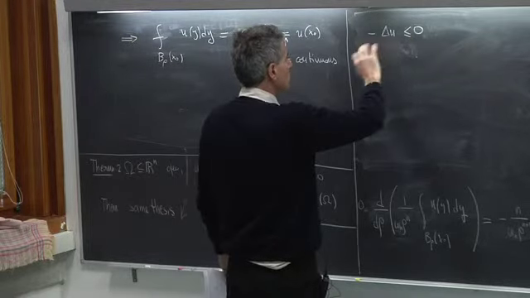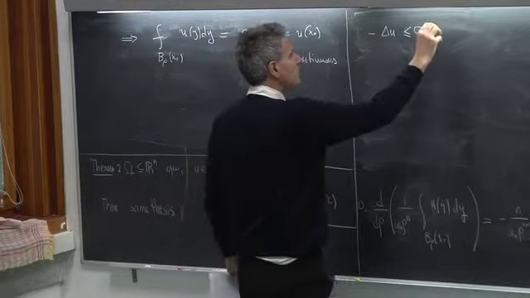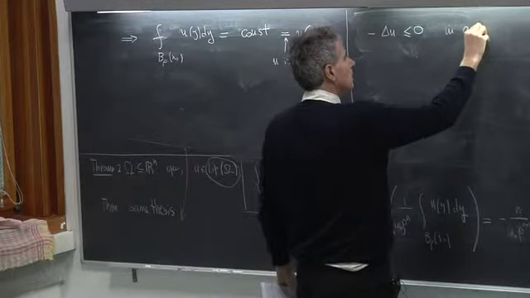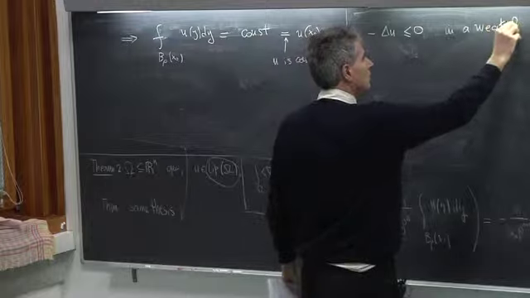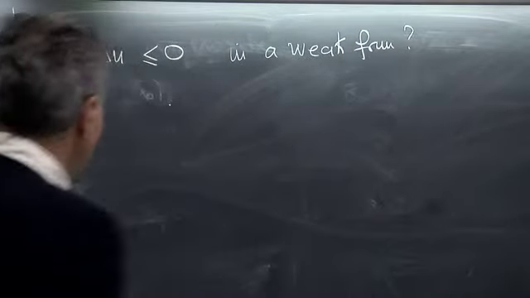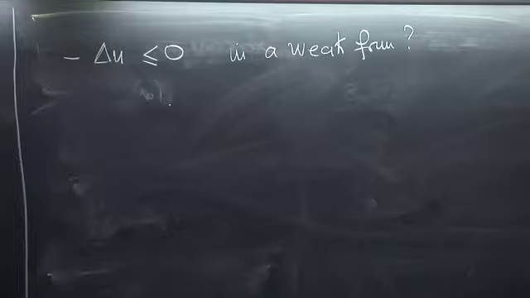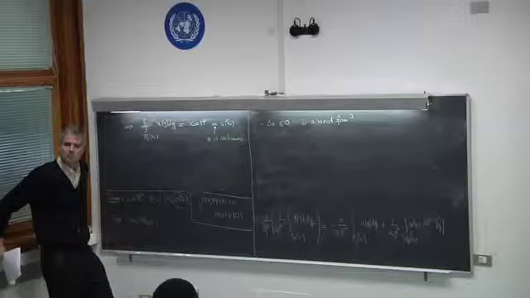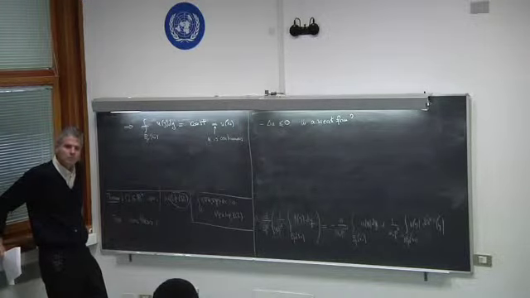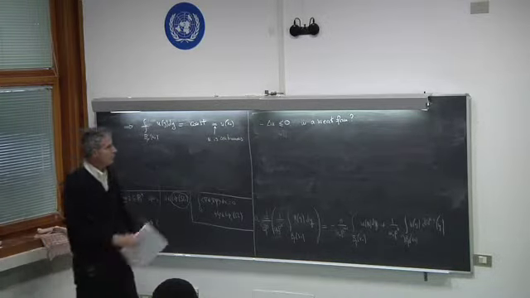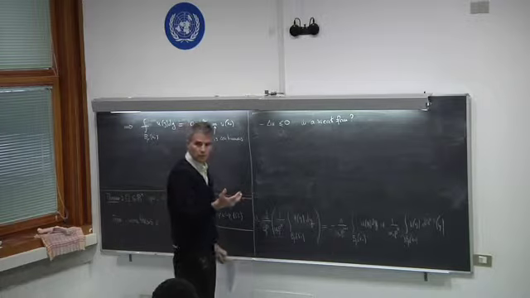How can I write this in a weak form? So you see what happens. Let us try to reason as before. Let us multiply by a test function and then integrate by parts.